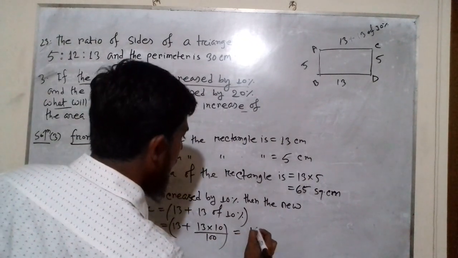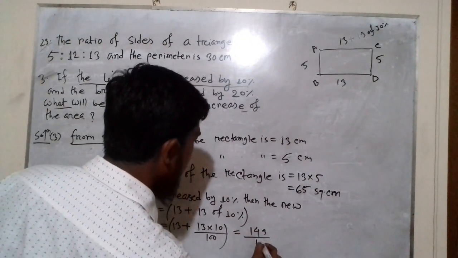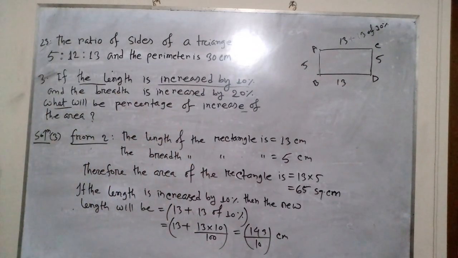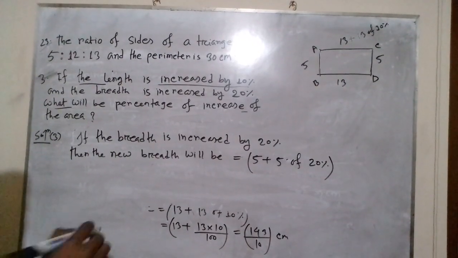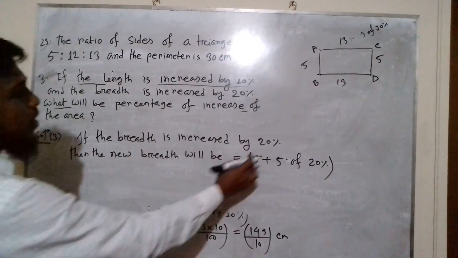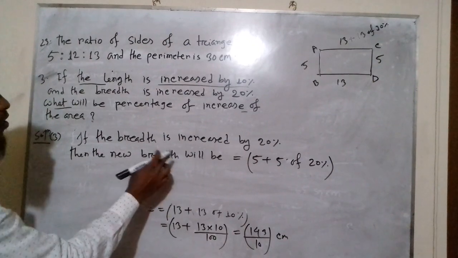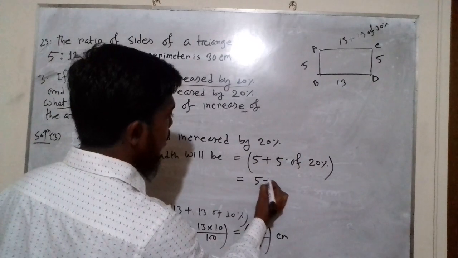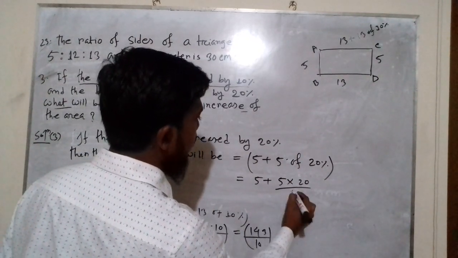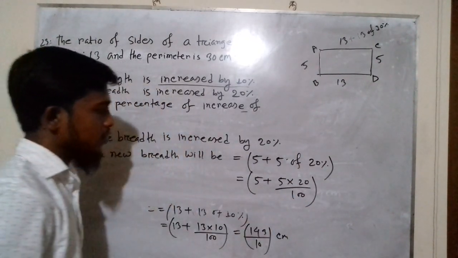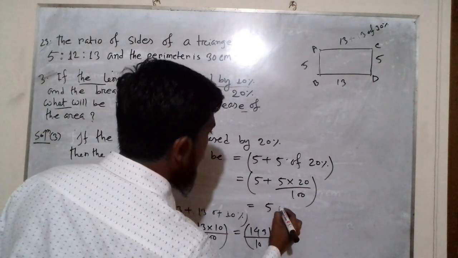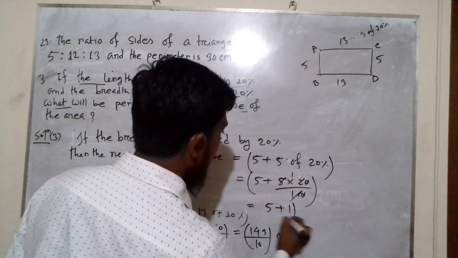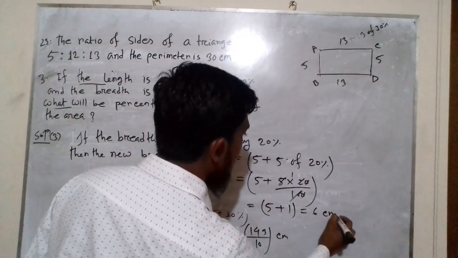This equals 143 divided by 10 centimeter. If the breadth is increased by 20%, then the new breadth will be 5 plus 5 of 20%. This equals 5 plus 5 into 20 divided by 100. This equals 5 plus 1. This equals 6 centimeter.